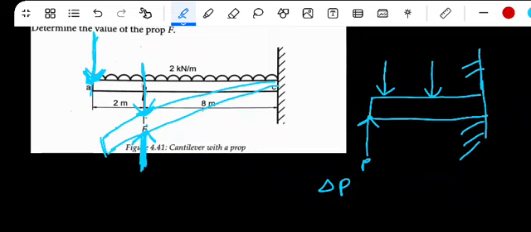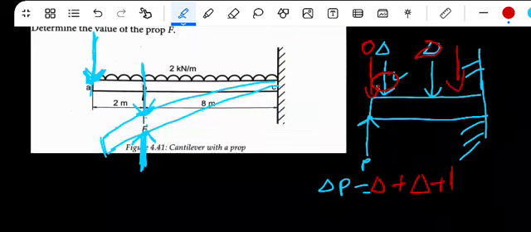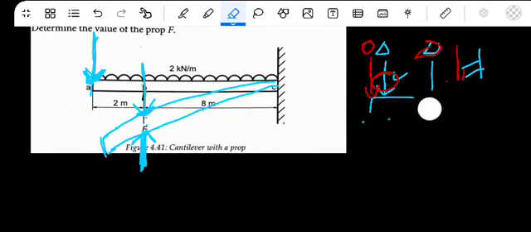The deflection for the propped force, or the force of the prop, must be equal to the sum of the deflections caused by the point loads. Doesn't matter how many you have, it must be the sum of all of those deflections at that point. All right, hopefully you'll understand this.